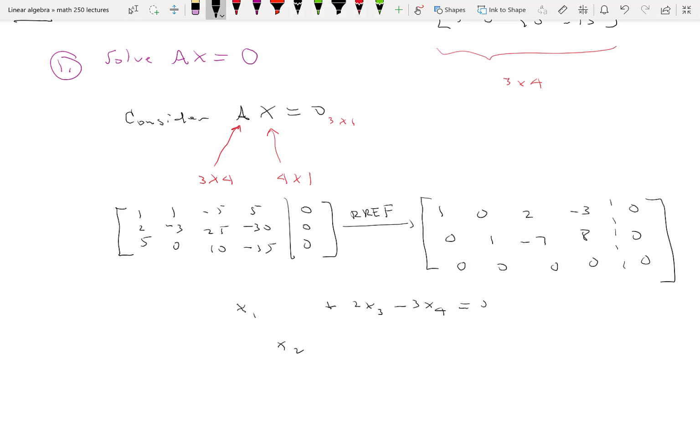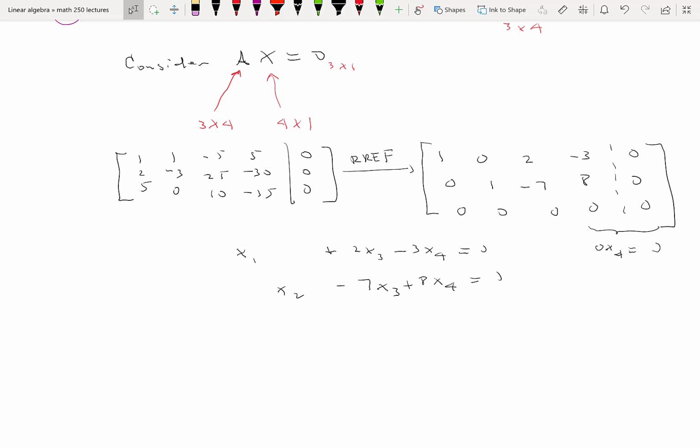It says that x2 minus 7x3 plus 8x4 equals 0. So we have an infinite number of solutions. Since our last equation can be interpreted as 0x4 equals 0, it looks like we have an infinite number of solutions here.